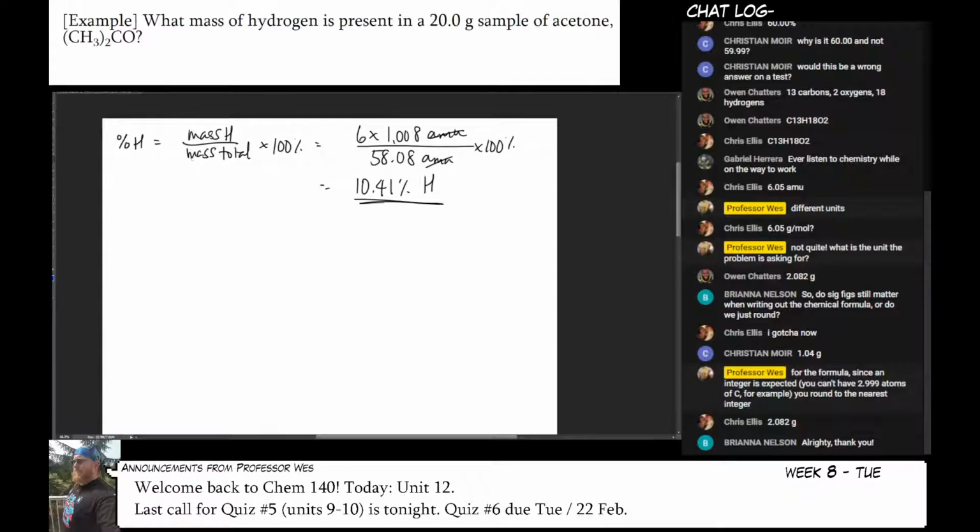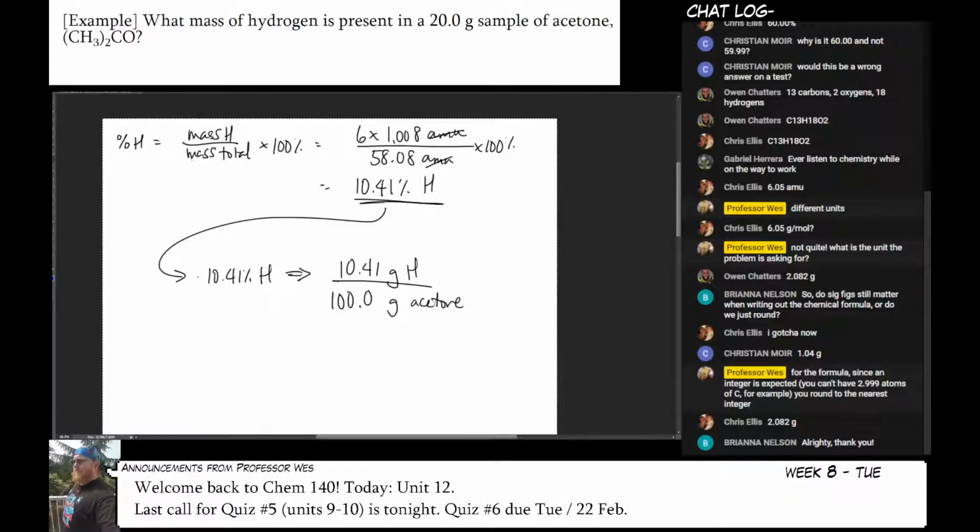Now, what this also means is that I could write this as the following. These are the same thing, right? There are 10.41 grams of hydrogen per 100 grams of acetone.